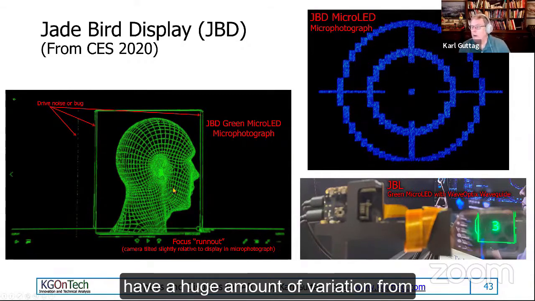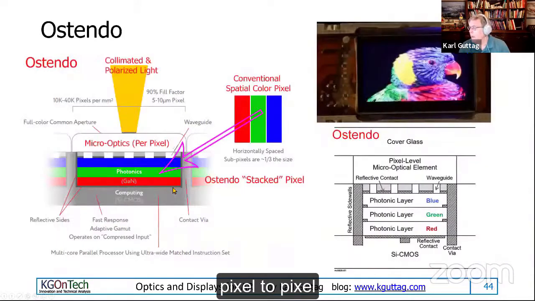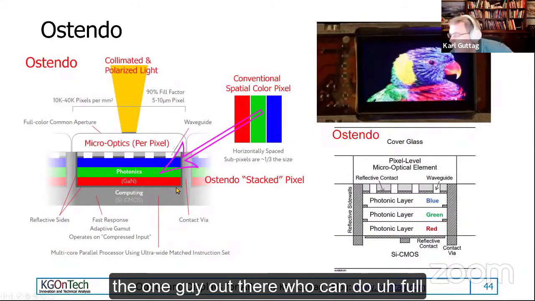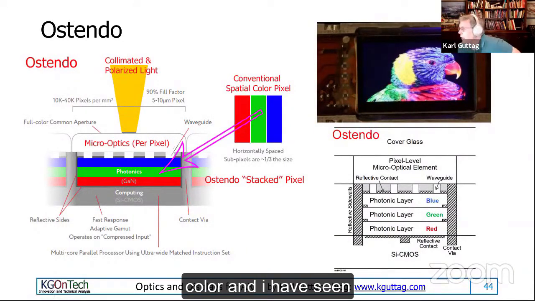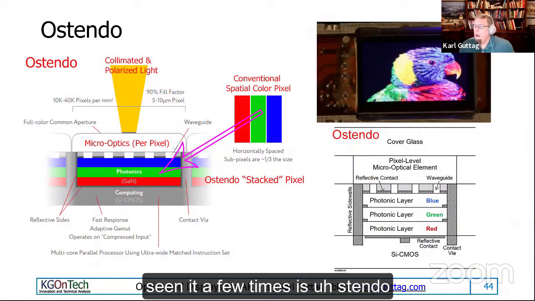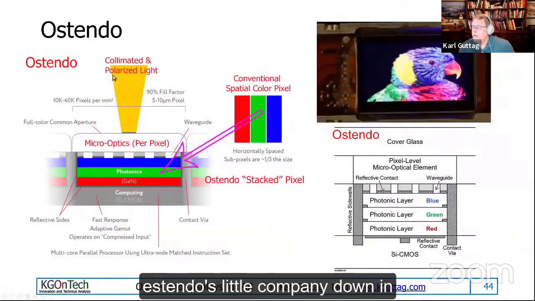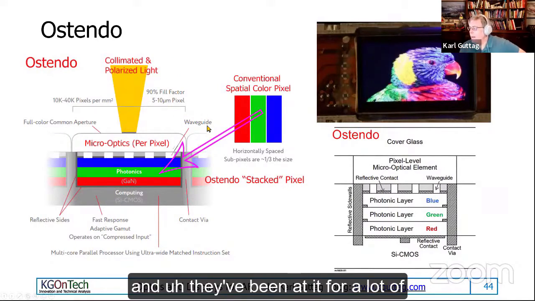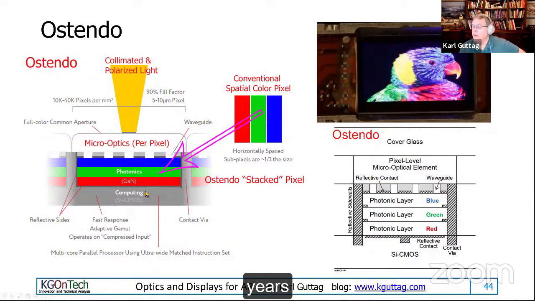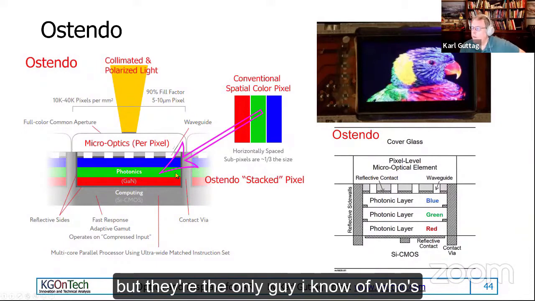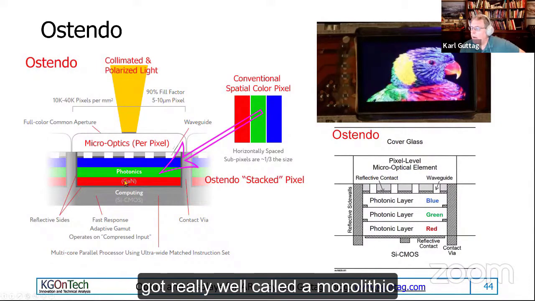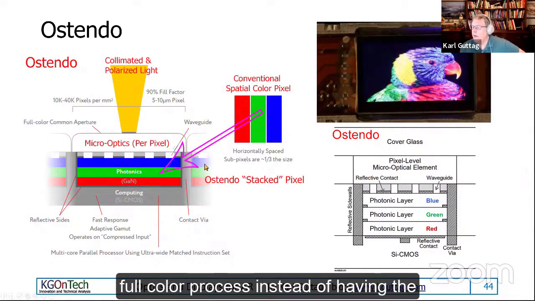They have a huge amount of variation from pixel to pixel. The one guy out there who can do full color, and I have seen it a few times, is Stendo. Stendo is a little company down in Carlsbad. They've been at it for a lot of years, but they're the only guy I know of who's got what I'll call a monolithic full color process.